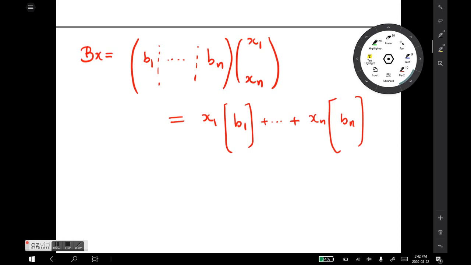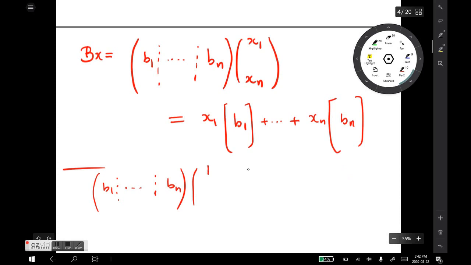So why is this true? Because if B is a matrix with columns B1 to Bn, and you multiply it by the vector 1, 0, 0, it just gives you B1, the first column.